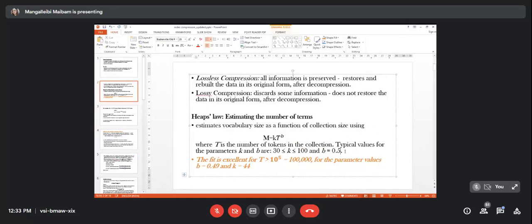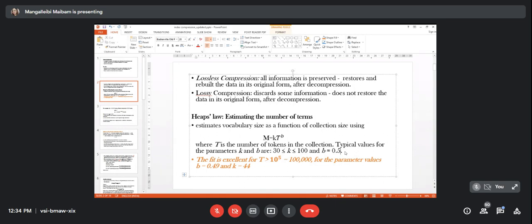The original value of b is approximately 0.49, but in our calculation we will round it up to 0.5.